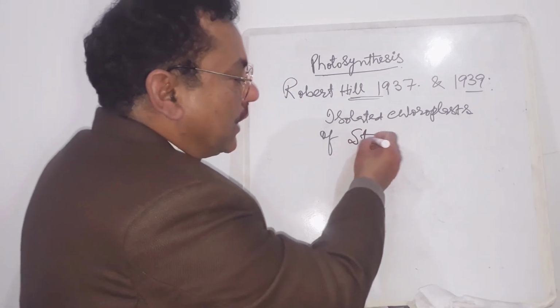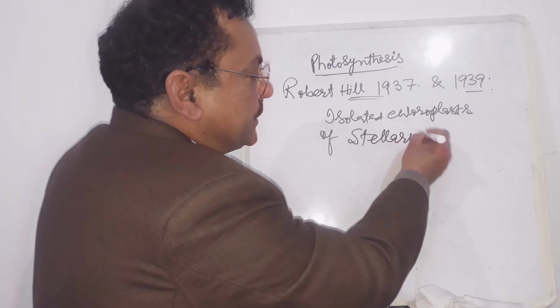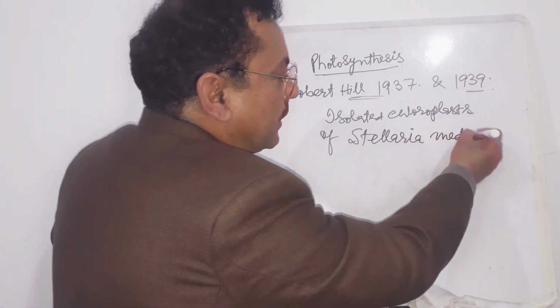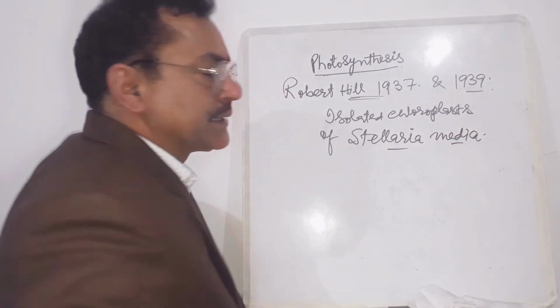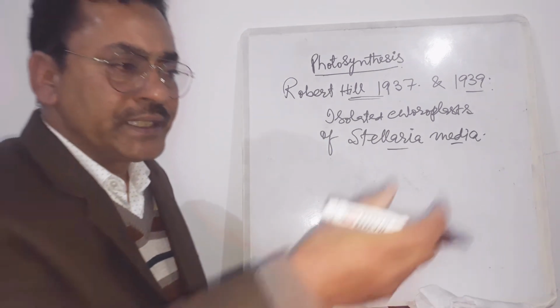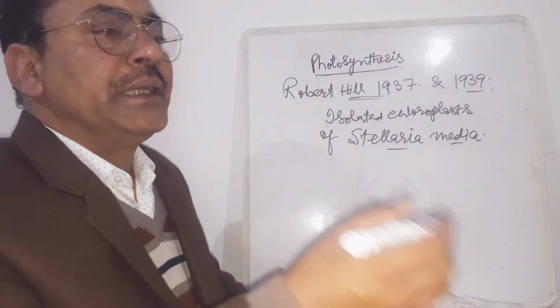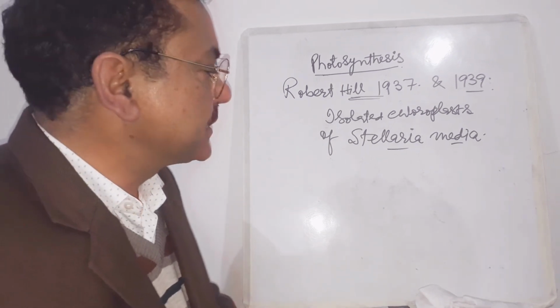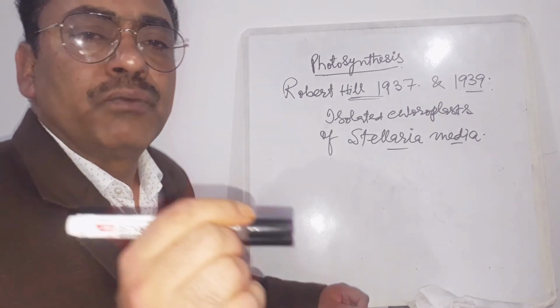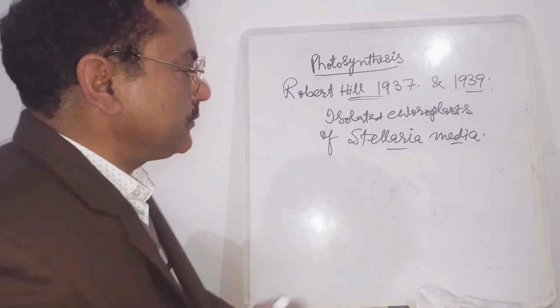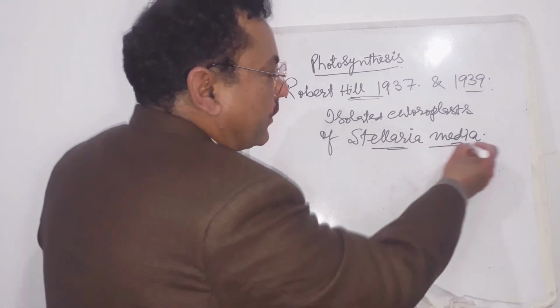Very small plant. This is a herbaceous plant, very small and very common in our orchards, in the lawns and along the roadsides. It has a small white flower.